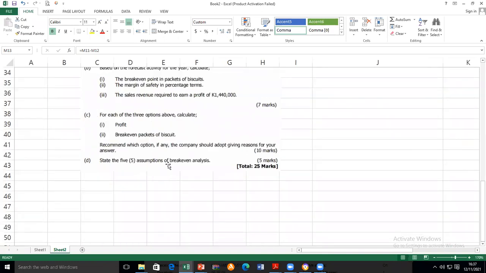State 5 assumptions of break-even analysis. What are the assumptions? Fixed costs are constant. Yes, number 1. Number 2. Variable costs, they are constant per unit. Per unit, yes. Number 3.